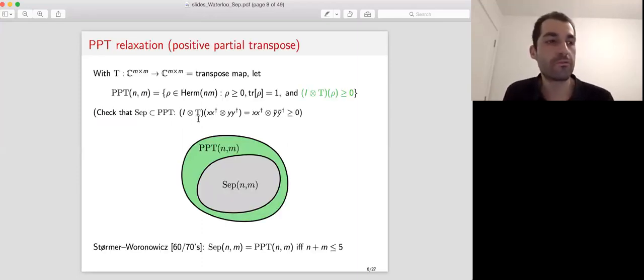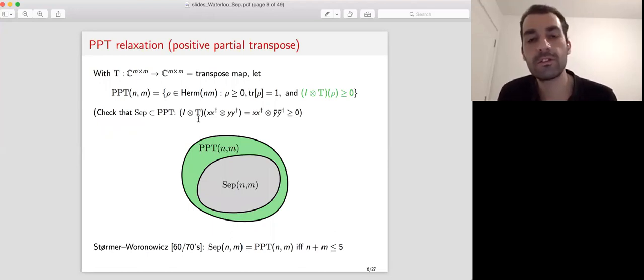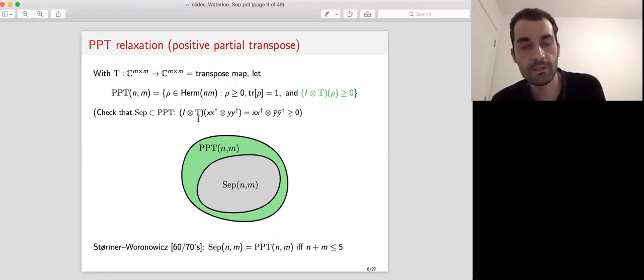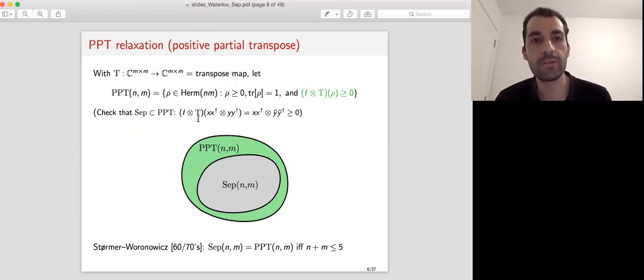Perhaps the most famous semi-definite relaxation of SEP is called the PPT relaxation, the set of states that have a positive partial transpose. This was introduced in the quantum information literature a long time ago, in the 60s or 70s. Let me explain what this relaxation is about.